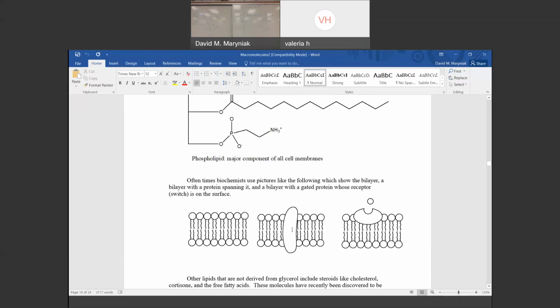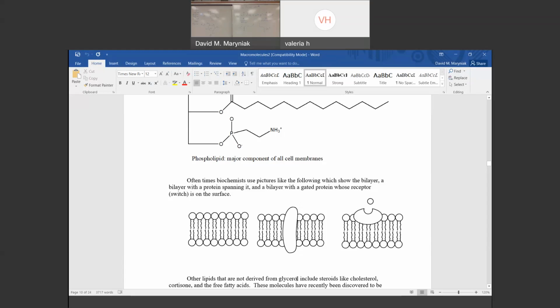And this blob right there is a cartoon for a protein. So would we say that proteins can span the bilayer? And why might a protein be incorporated into the lipid membrane?